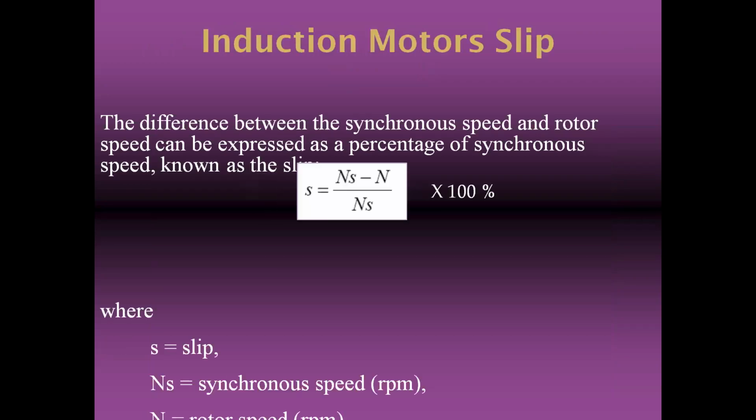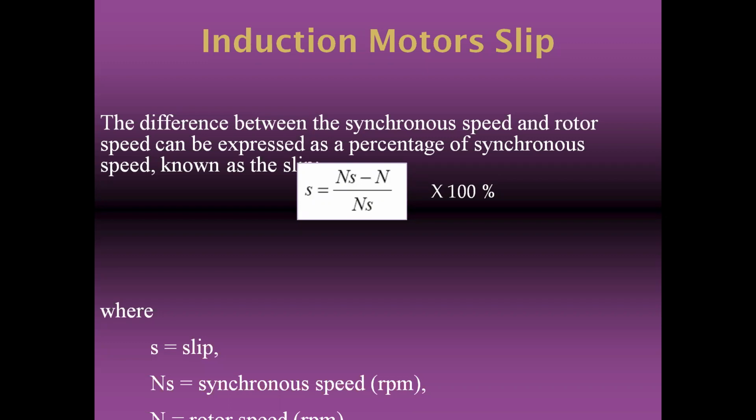Now here, because torque is produced in your motor, your rotor is free to move because it's mounted on the bearing. When torque is applied, it starts to rotate in the same direction, but at less than the synchronous speed.